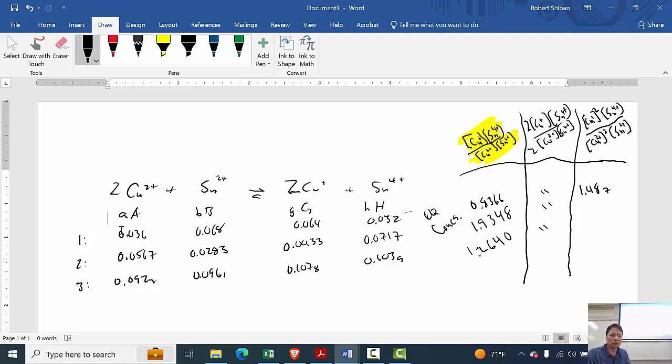All right, let's try the next one. The next one is 0.0433 squared times 0.0717 divided by 0.0567 squared divided by 0.0283.